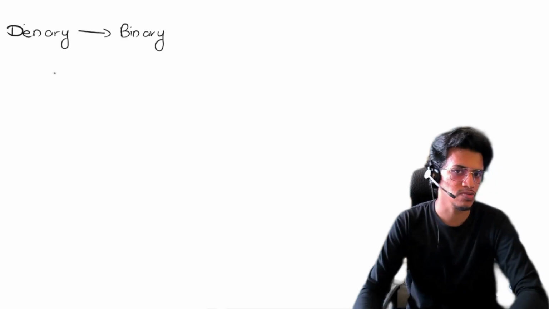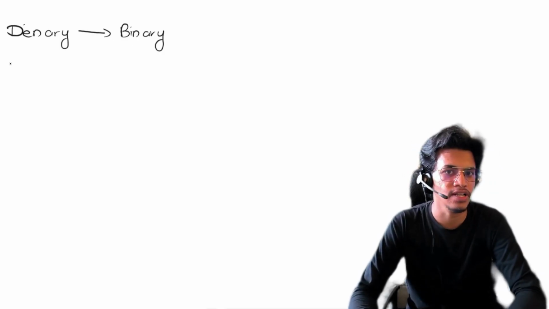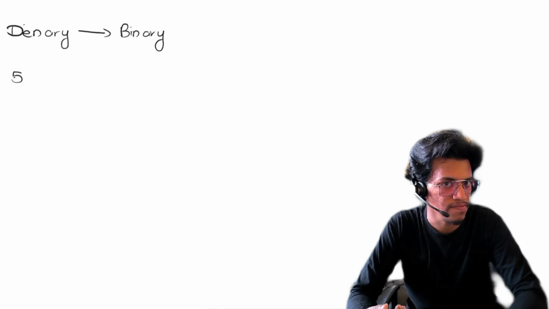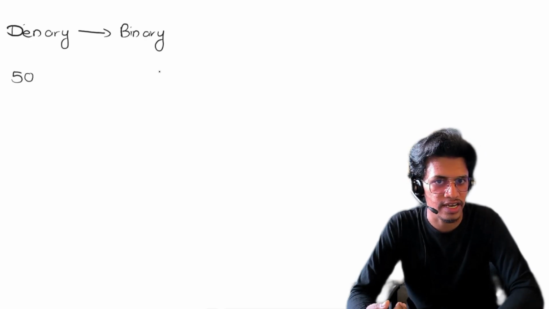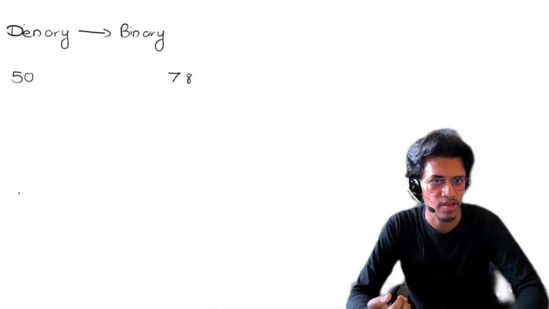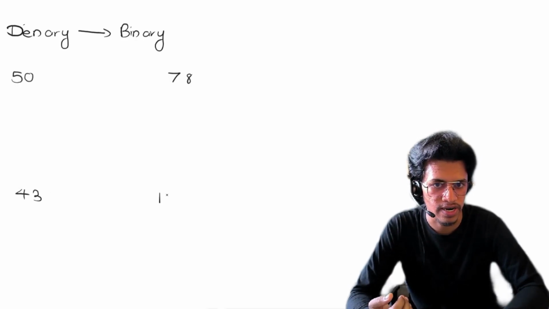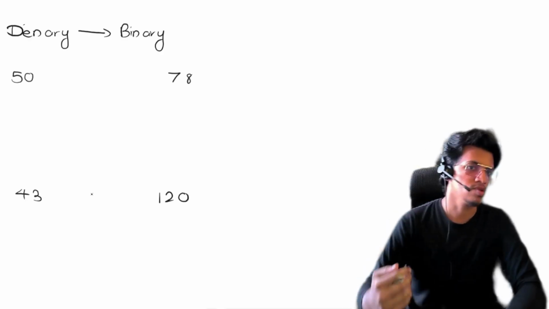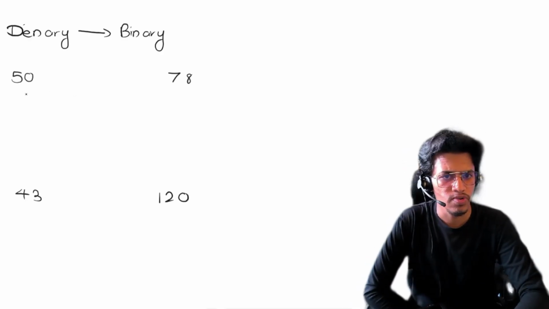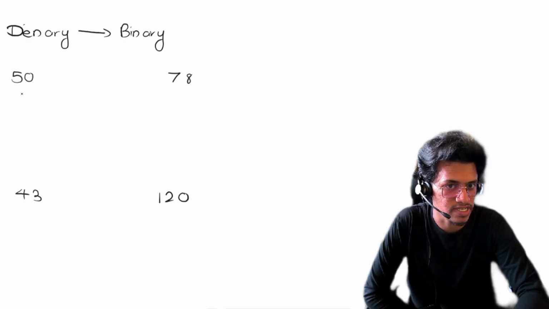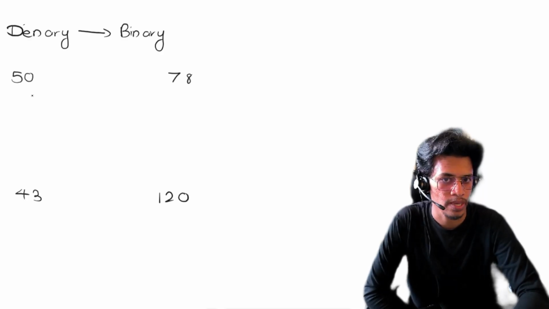For example, I will take a few numbers, starting from 50, and then 78, 43, and 120. When I said it's fairly simple, it's basically dividing by 2.